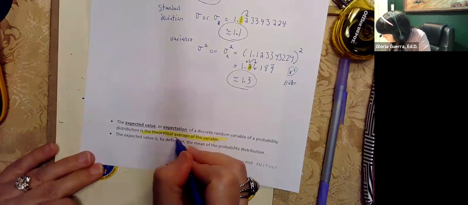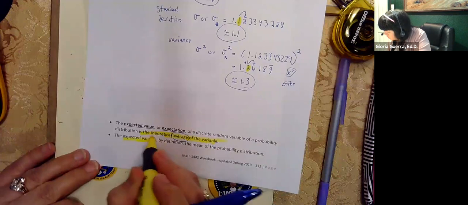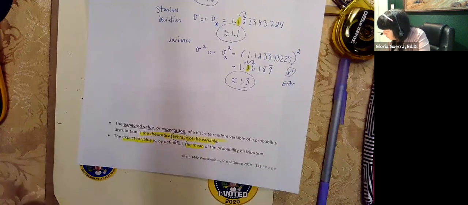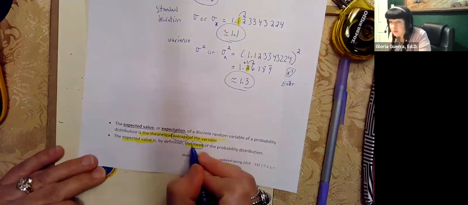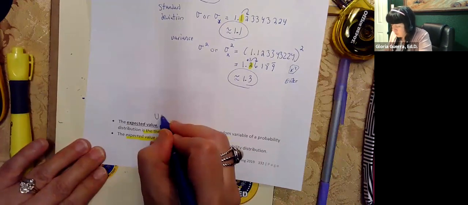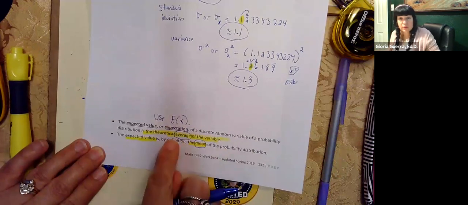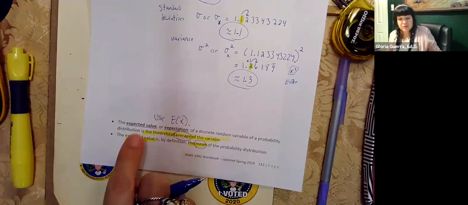The expected value is, by definition, the mean of the probability distribution. They use this symbol, and when you see that, it means expected value.